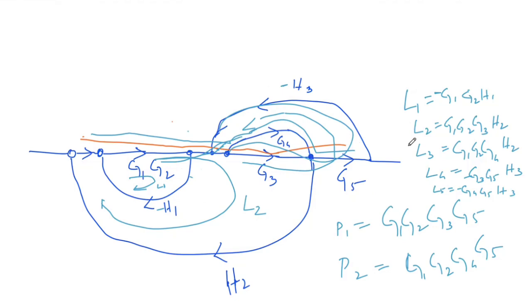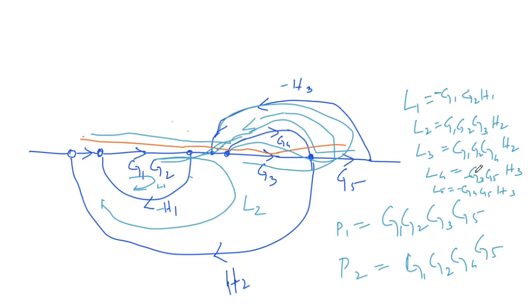L1, L2, L3 are touching each other, right? L1, L2, L3 are touching each other because G1 is there. Then L1 is not touching G3, G5, H3. Yes, sir. And L1 is not touching G4, G5, H3. Okay.